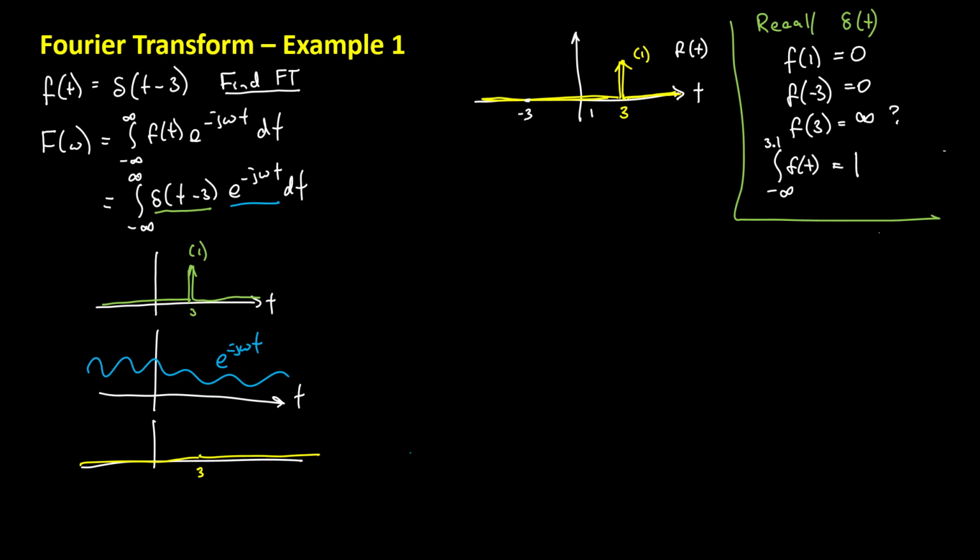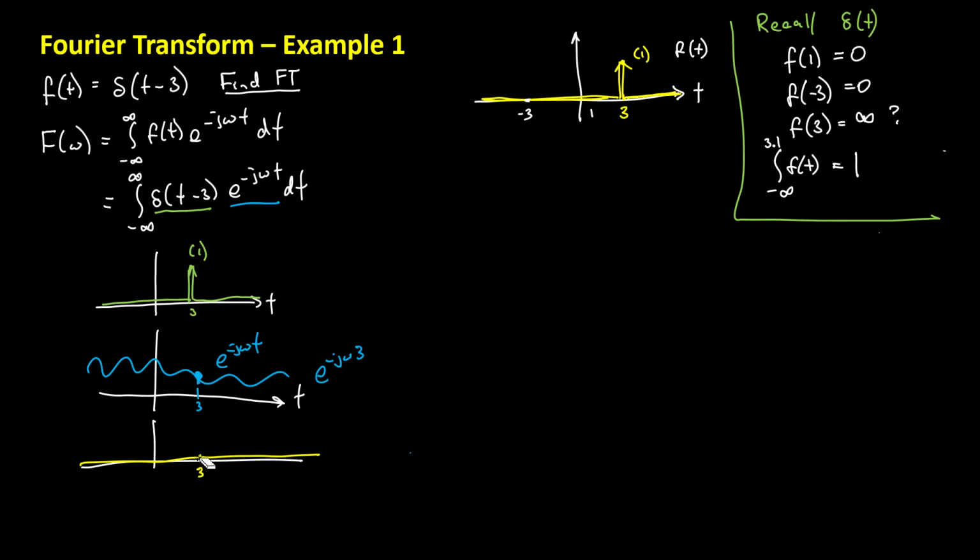And when it's 3, it's going to be the height of the impulse times whatever this thing is doing at 3. What is this thing doing at 3? At exactly 3, the height of this is e to the minus j omega 3. Since at t equals 3, we replace t with 3 and we get e to the minus j omega 3.